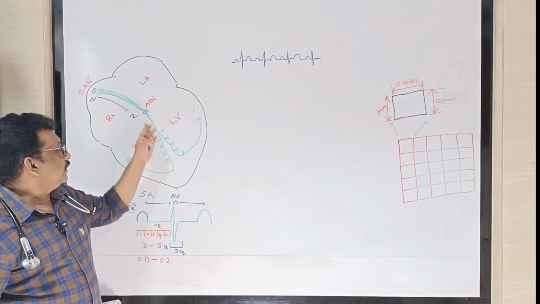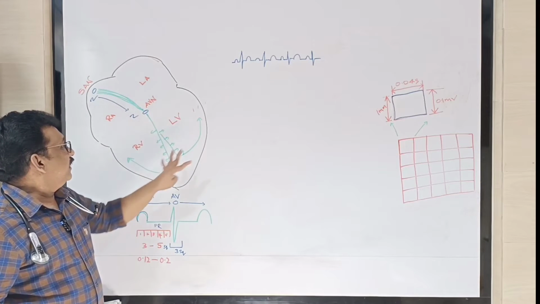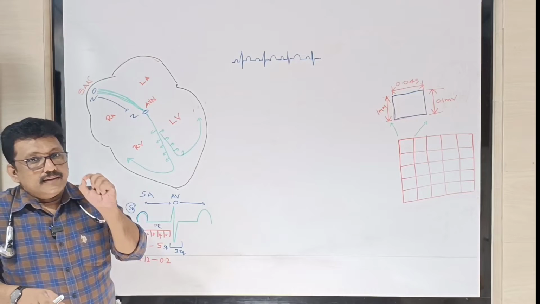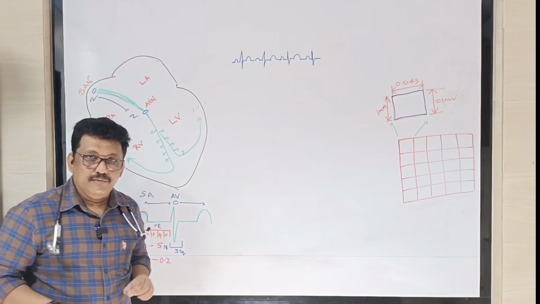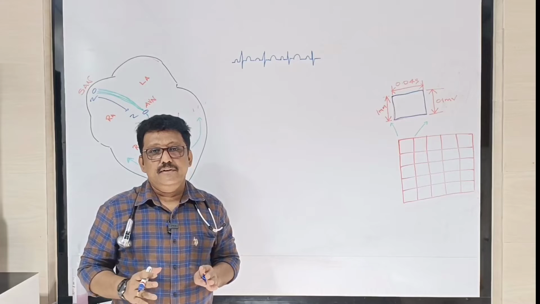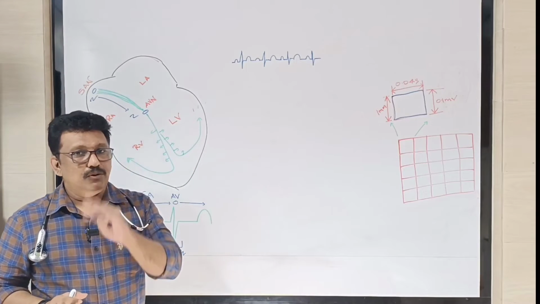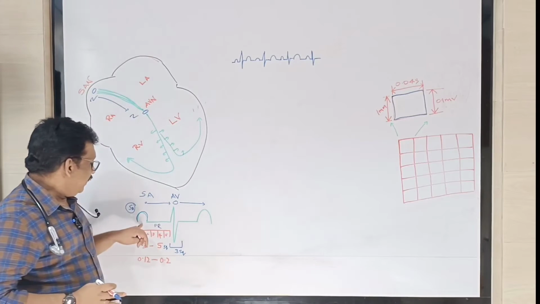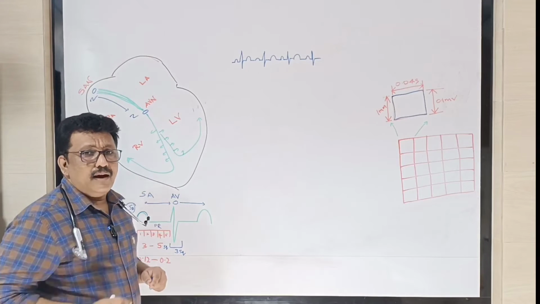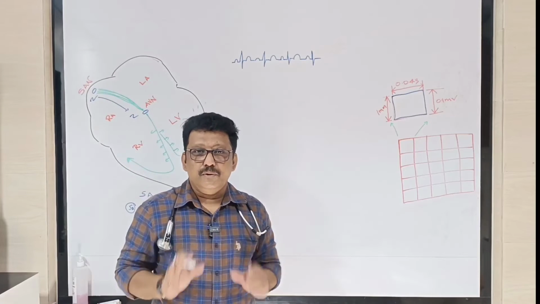The electrical activity spreads through the ventricle and it gets activated, so you get a QRS complex. So SA node activation produces the P wave. The time taken from the SA node to the AV node is the PR interval. Then the ventricle activates, that is the QRS complex. So you are seeing P wave, PR interval, QRS complex. Every heartbeat will have this process.